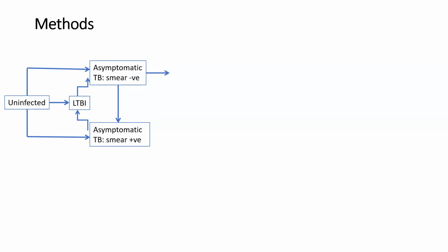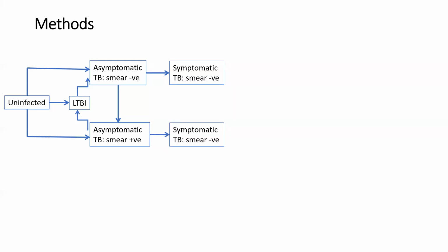The asymptomatic TB smear negative individuals can progress to symptomatic smear negative TB, and those with asymptomatic TB with a smear positive can also progress to smear negative.